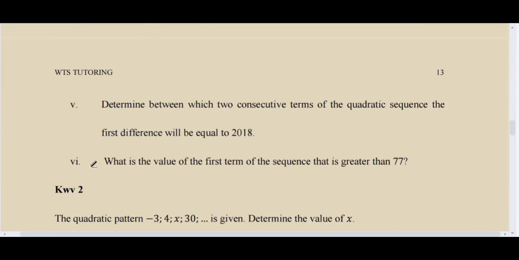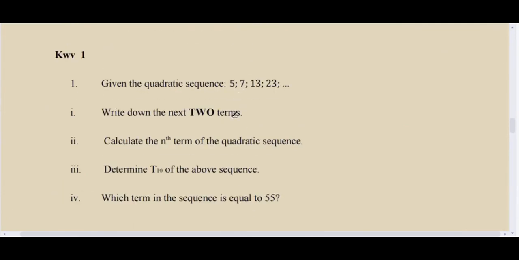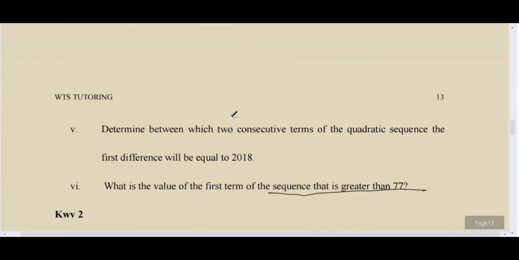Now, 5 says, what is the value of the first term of the sequence that is greater than 77? So now they're obviously asking about the quadratic pattern.